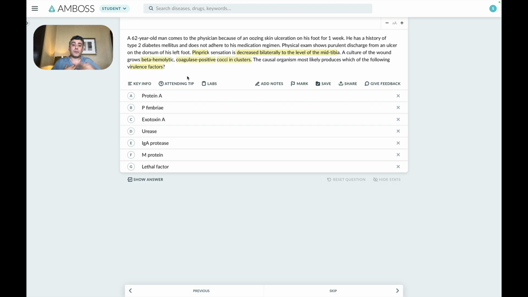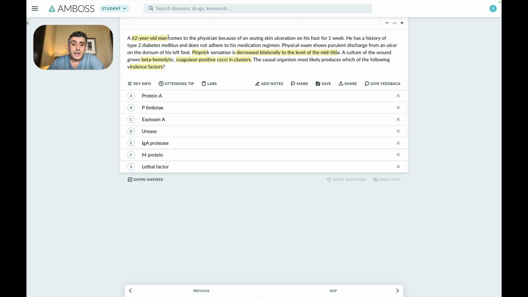So either you read the scenario and get the right answer, or you have enough knowledge in the other answer choices to use your skills to knock them out and figure out if there are any other points of entry for that particular question, okay? So beta hemolytic, coag positive, got that. Let's say we don't know exactly 100% what it is. It's okay. All right, let's go to the top and see what we can get from reading the question.